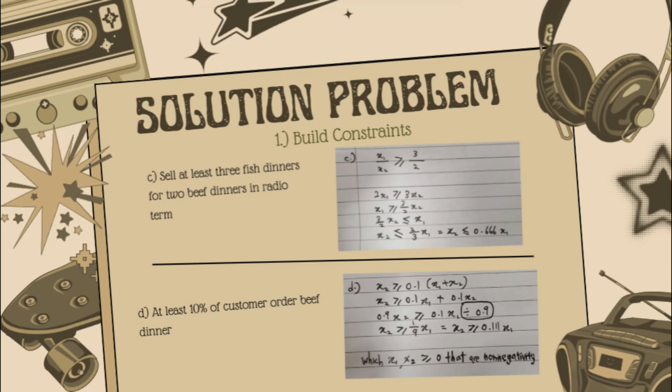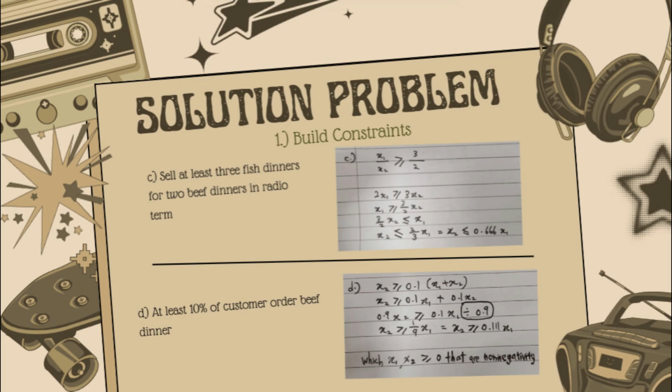Constraint D. Fourth, this is a minimum demand for beef dinners. At least 10% of all customers must order beef. This means the number of beef dinners must be greater than or equal to 10% of the total meals sold. The inequality is x2 is greater than or equal to 0.1 times the quantity x1 plus x2.